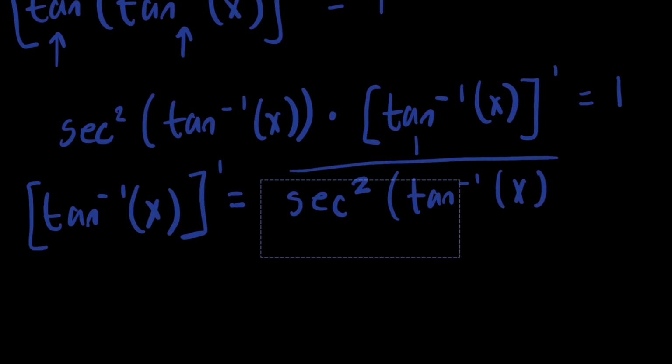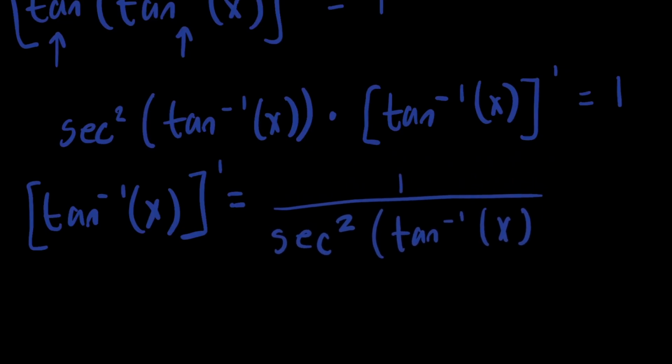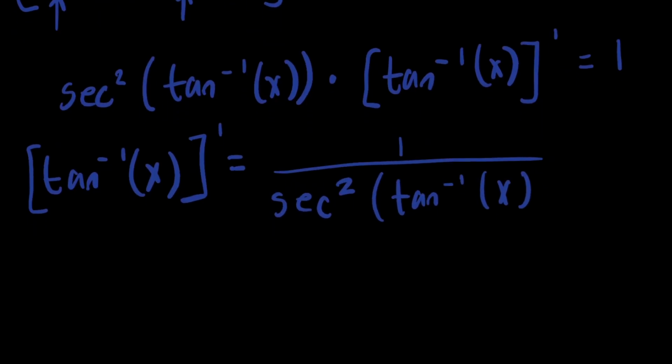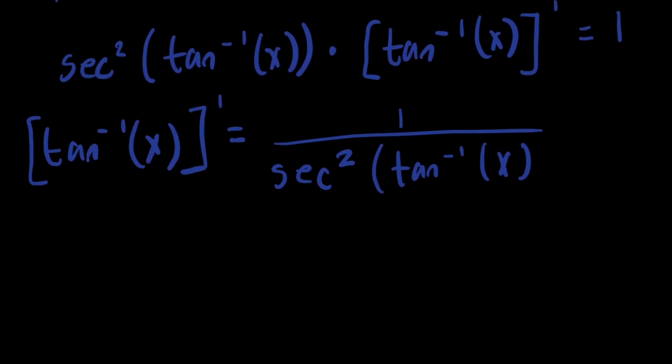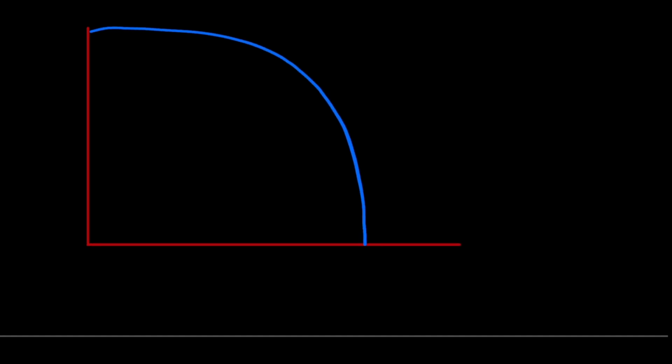Sorry, that was not the most intuitive way to do that. So now we just need to look at the unit circle again and figure out the same thing. Let me draw our unit circle in a different color this time. And let's look at our right triangle here.